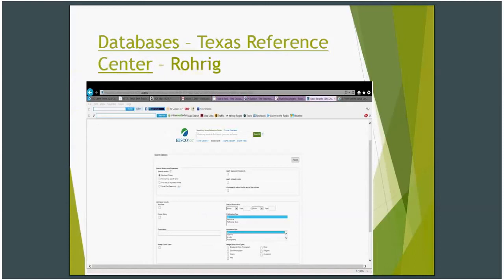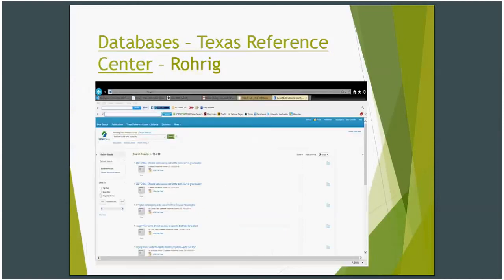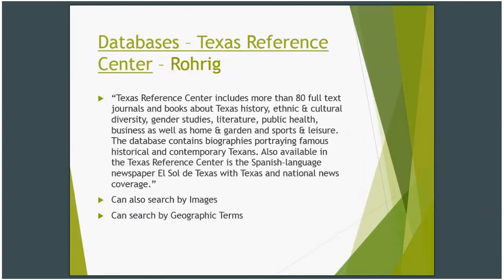They index not only newspaper articles, but they will include some reports, books, etc. And so when I had searched for Lubbock, I found things like an editorial on water use, information on Jody Arrington when he was running for Congress. So this can be useful. You can also search by images, and you're able to search by geographic terms. So I would search first for Lubbock and then maybe search West Texas to get additional material.